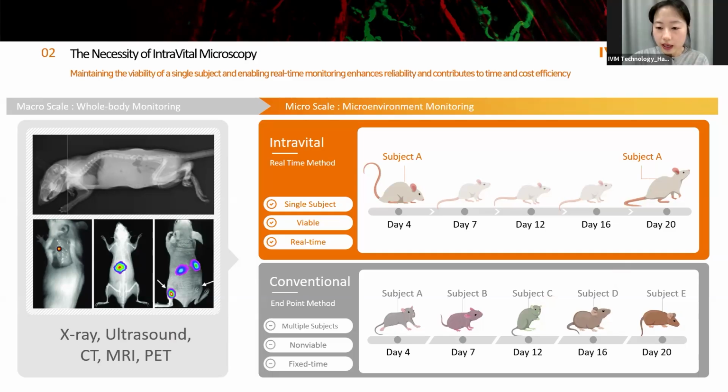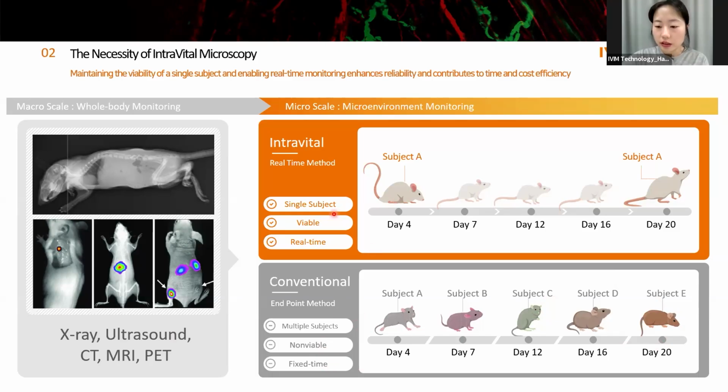So, a defining strength of the intravital imaging system itself lies in its clear departure from conventional in vivo approaches. Traditional methods typically require sacrificing separate animals at each time point, which inevitably introduces substantial inter-animal variability.